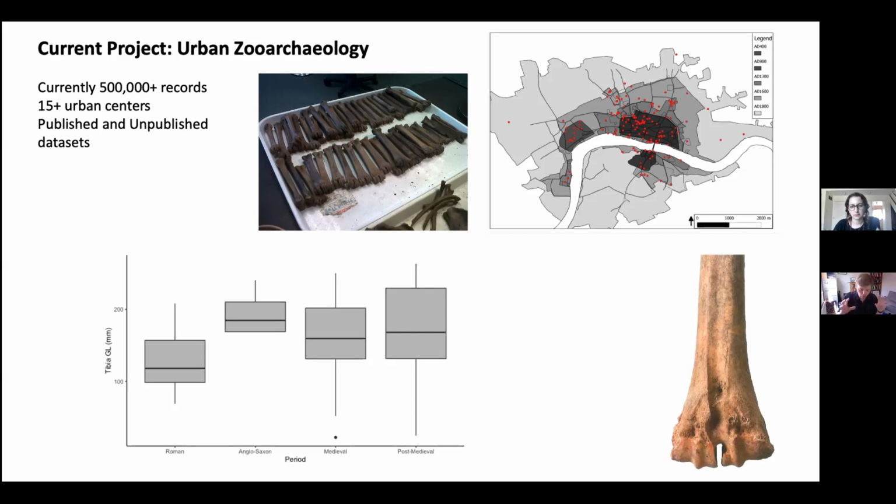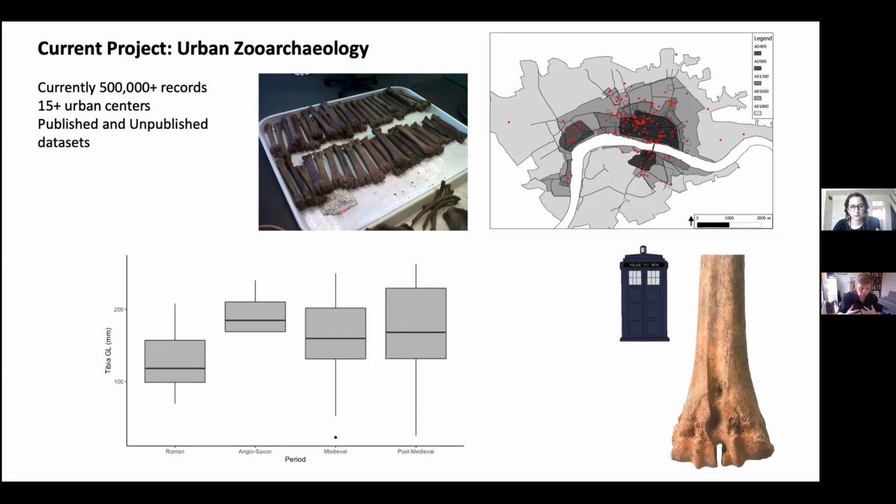But the underlying issue with a project like this is time, is actually how do you deal with the fact that you've got disparate data sets from, in the case of London, nearly 400 separate excavations, all of them using slightly different time periods for their chronologies, and you've got to try and mash them all together to get something useful out of them.